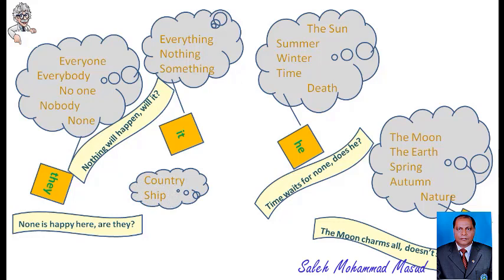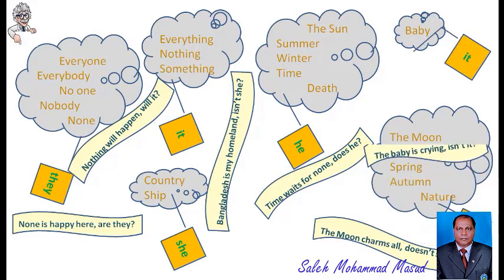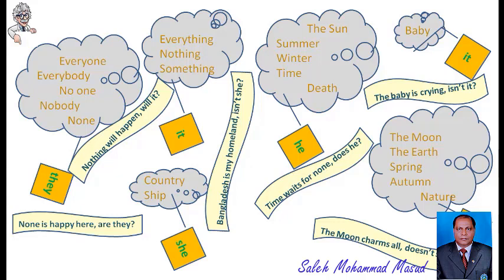Country, ship. These words are replaced by she. Example here: Bangladesh is my homeland, isn't she? And baby is replaced by it. The baby is crying, isn't it?